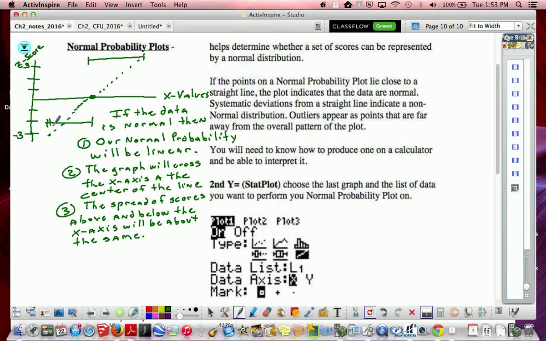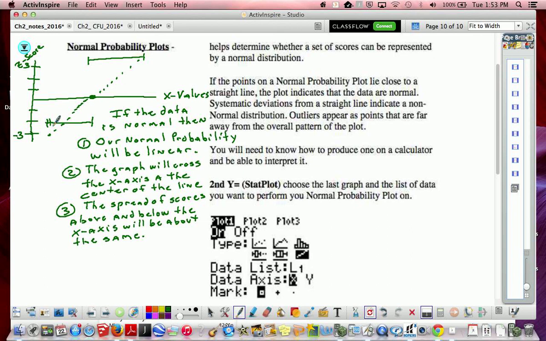Now, they don't have to be exact, okay? Meaning, when I look at a linear pattern, does a line seem to fit the data pretty well? When we're talking about the spread, it doesn't have to be 5 and 5. It can be 6.5 and 6, or 7 and 8.